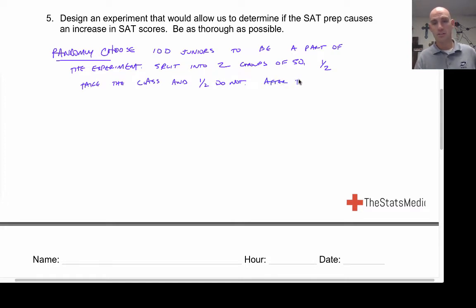After the class is done, have all of them take the SAT. Find the average scores of each group.